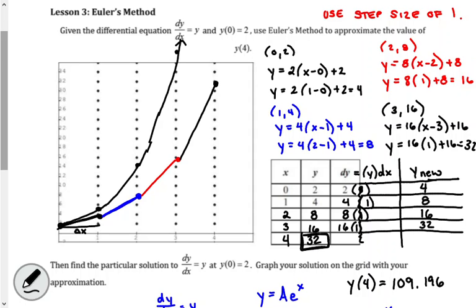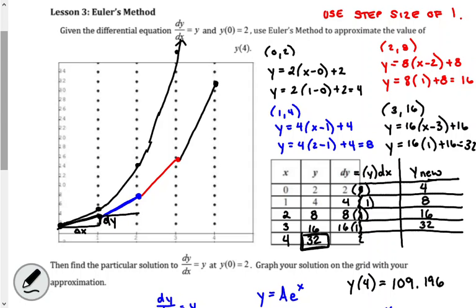You don't have to calculate your new dy because you're not doing a tangent line after 4. Do you see? So basically, you're doing your delta x, and this is your dy, and you're just adding your dy plus your original y.